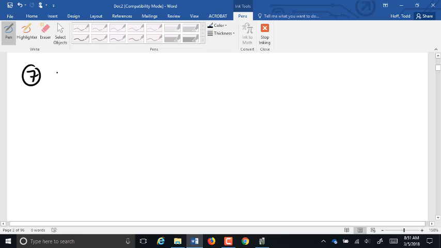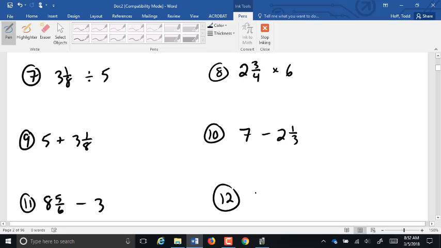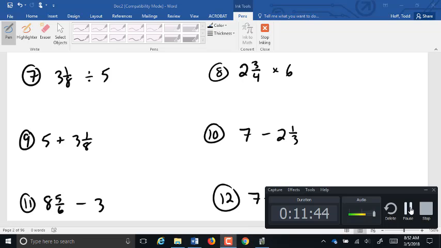Let's say we have 3 and 1/8 divided by 5, or 2 and 3/4 times 6, or 5 plus 3 1/8, or 7 minus 2 and 1/3, or 8 and 5/6 minus 3, or 7 and 1/2 plus 2. Give those a shot. We'll talk about them in a minute.